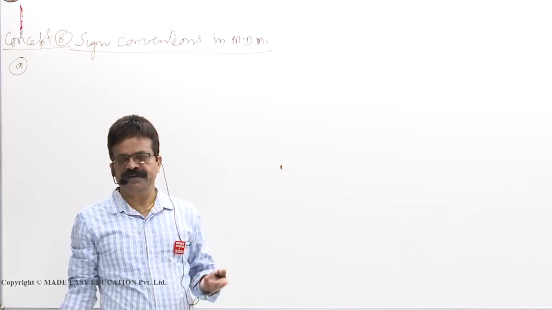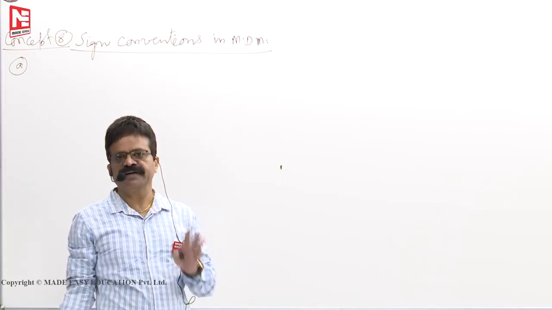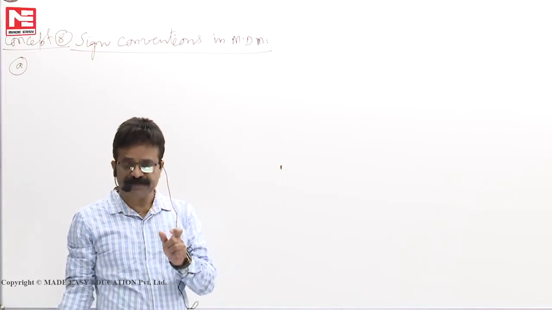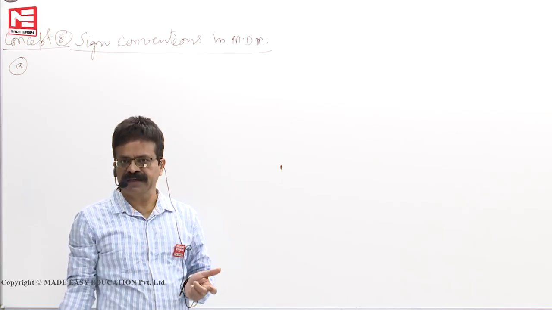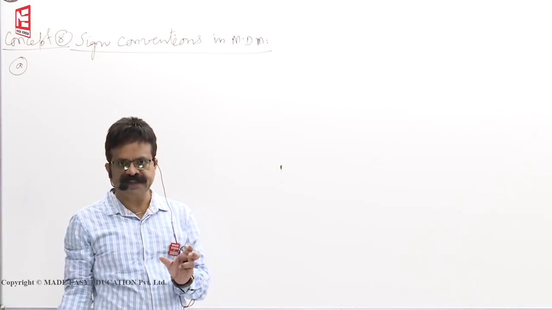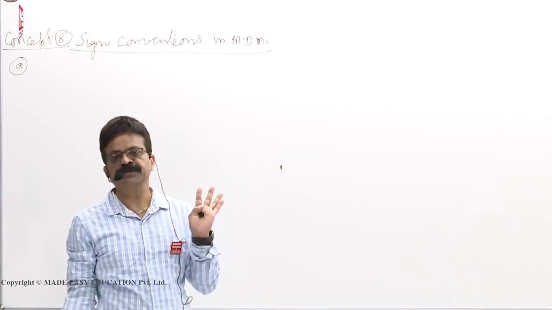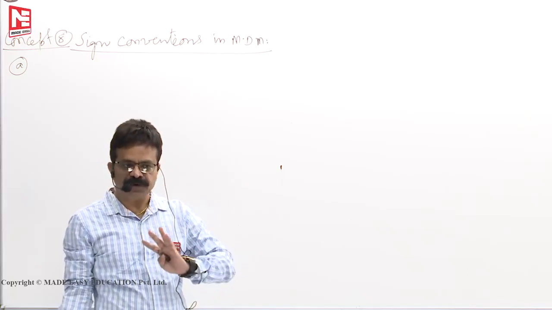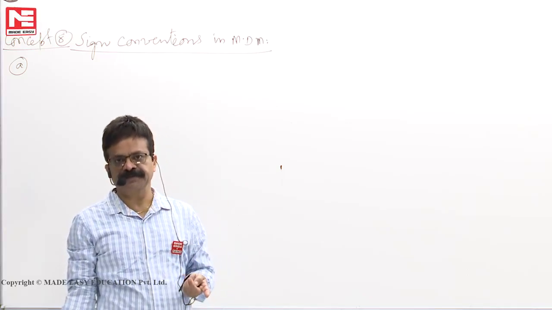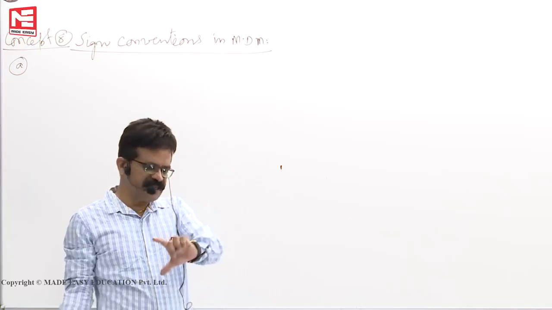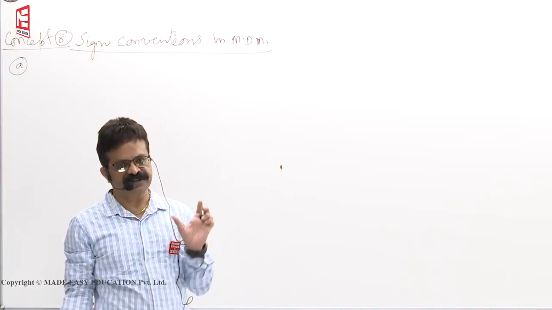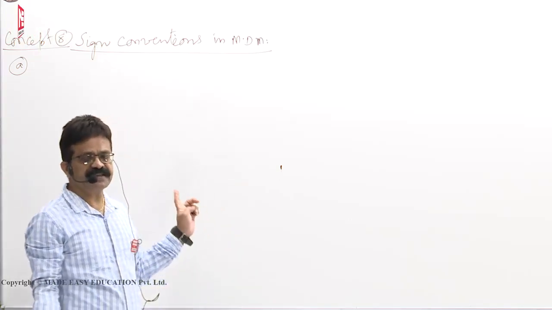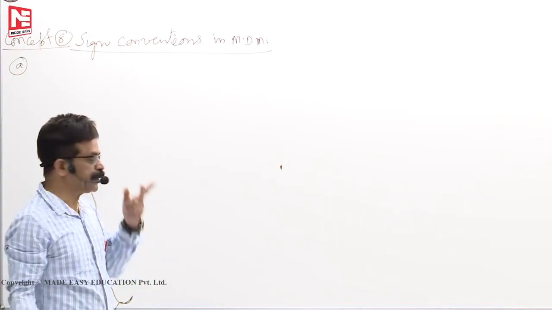Anti-clockwise end moments, anti-clockwise rotations are taken as negative. This clockwise positive, anti-clockwise negative, we use this sign convention only when you are distributing the end moments, not when you are drawing the bending moment diagram. End moment distribution means the external effects we are transferring. That's all. So only in such cases clockwise positive, anti-clockwise negative.